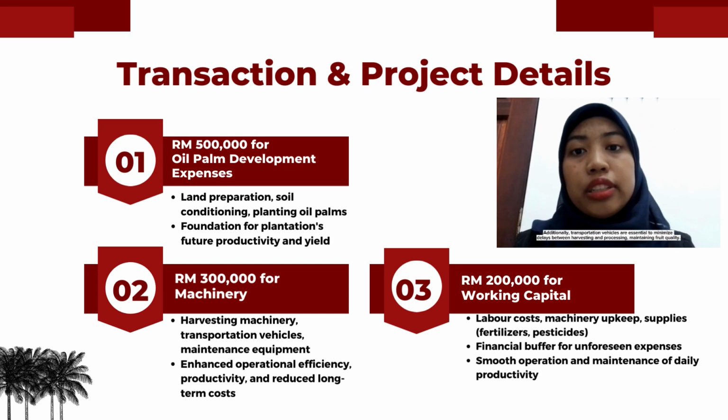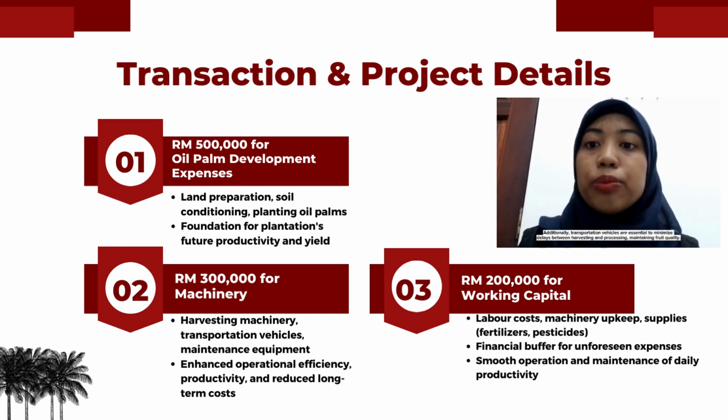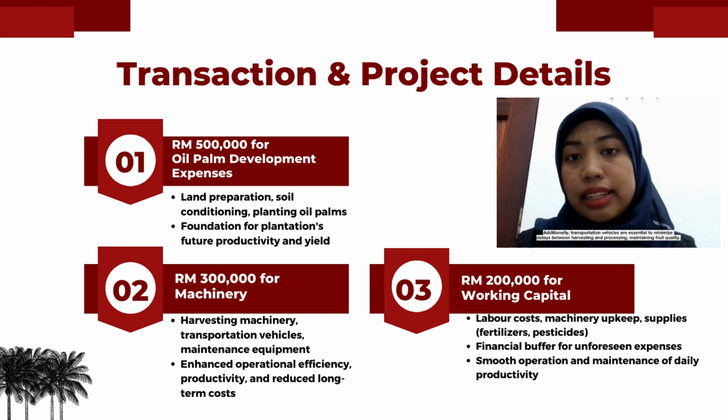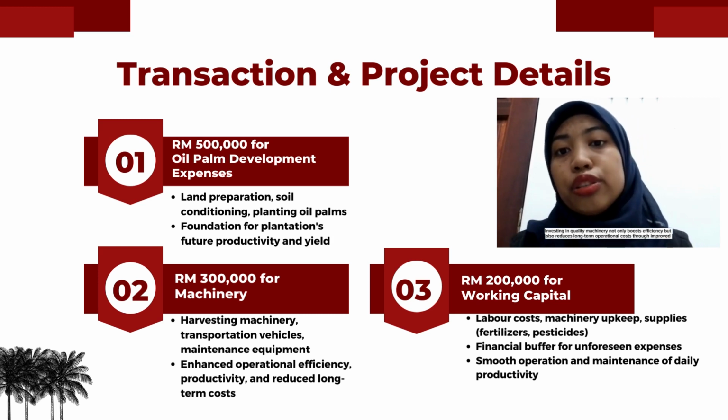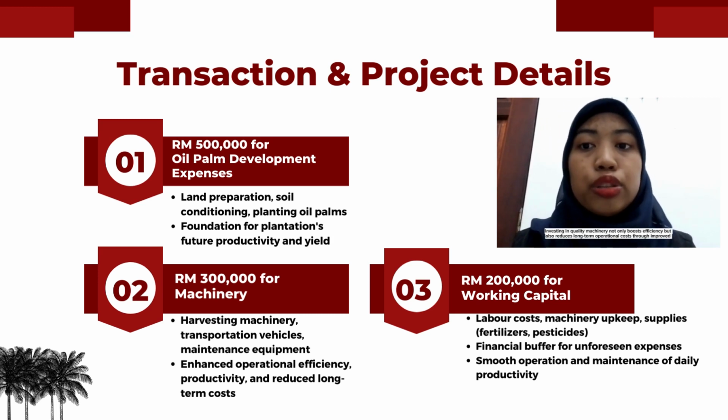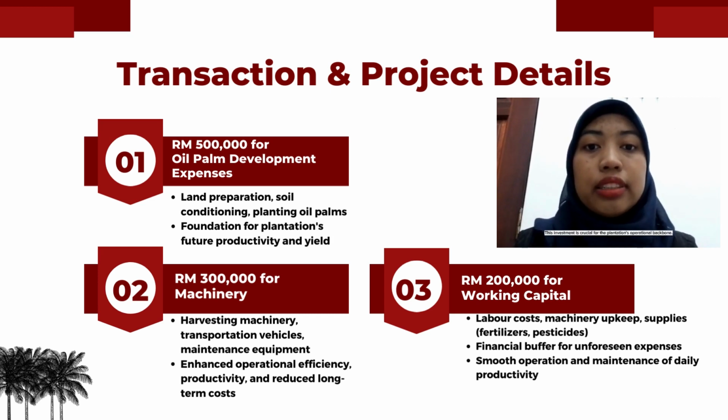Additionally, transportation vehicles are essential to minimize delay between harvesting and processing, maintaining fruit quality. Investing in quality machinery not only boosts efficiency but also reduces long-term operational costs through improved durability and lower maintenance requirements. This investment is crucial for the plantation's operational backbone.